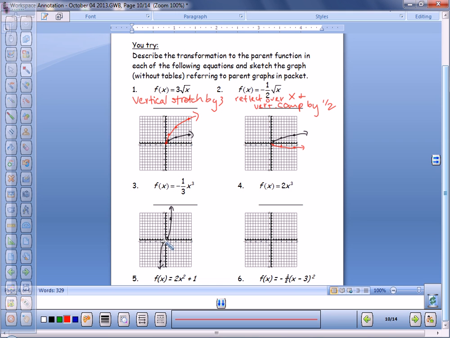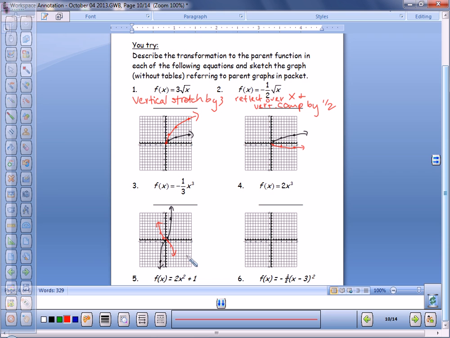This point gets flipped over here and multiplied by 1/3. This point gets flipped down here and multiplied by 1/3. The 8 gets flipped down here and multiplied by 1/3. 1/3 of 8 would be 2 2/3. So it looks like this. And this one gets flipped up here and looks like that. So it's gotten nice and fat.